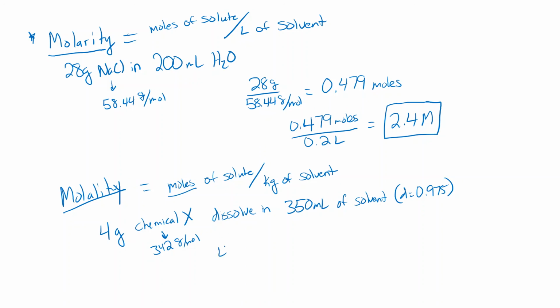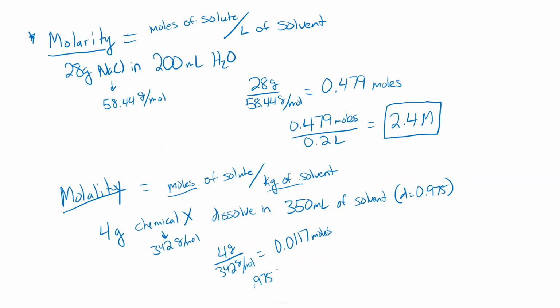So we do that the same way we did before. 4 grams divided by 342 grams per mole equals 0.0117 moles. And now we need kilograms of solvent. So we have milliliters of solvent. We can convert that to kilograms of solvent by just multiplying these two things together. 0.975 times 0.350, because this is kilograms per liter. I should have put this in here. Hang on, I'm going to erase some stuff and bring it back.